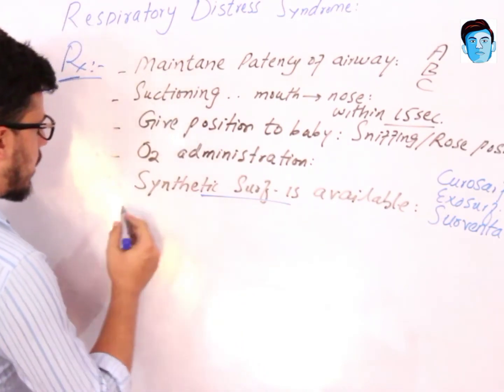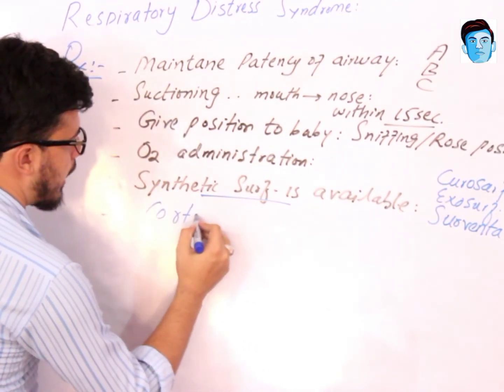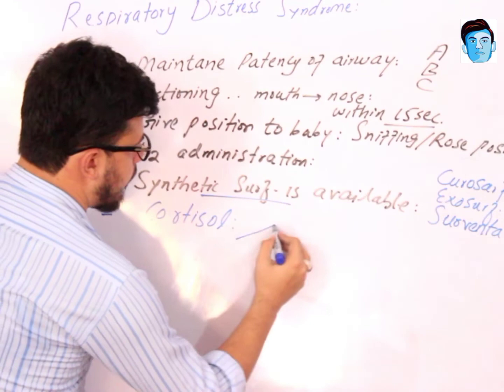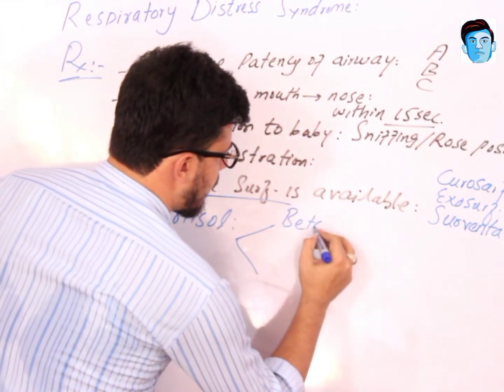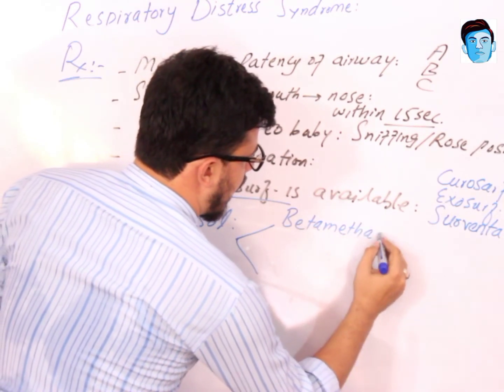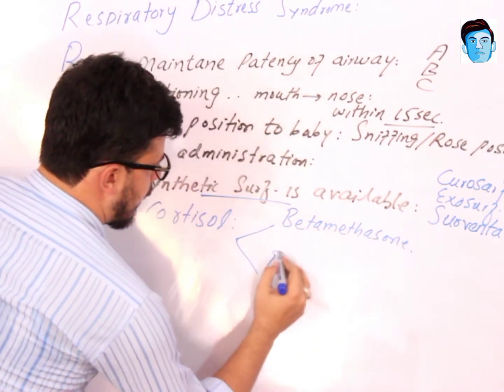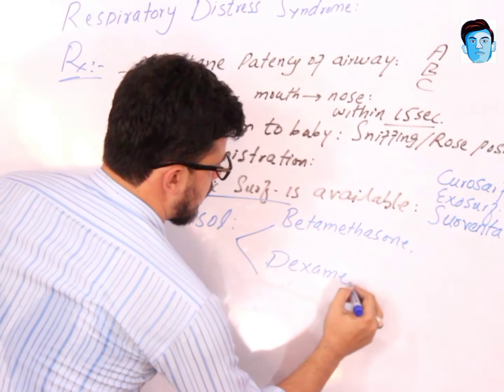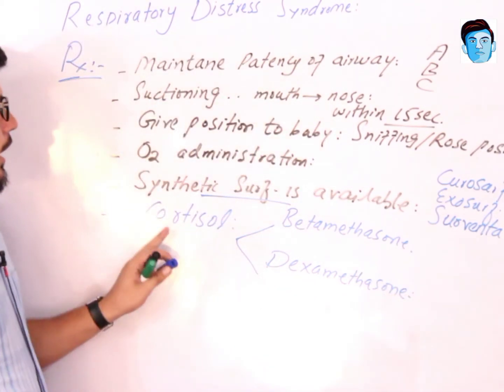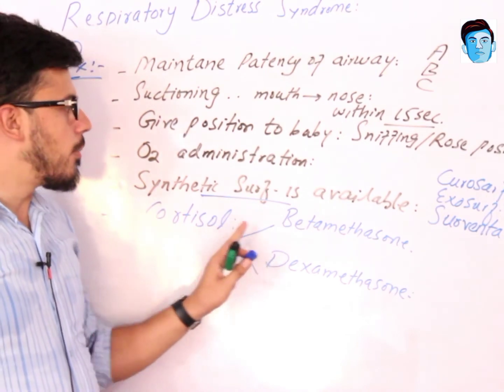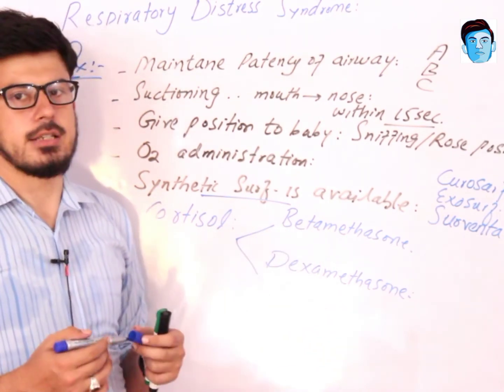Also we can give cortisol as well. Here we give the cortisol in the form of betamethasone and dexamethasone.